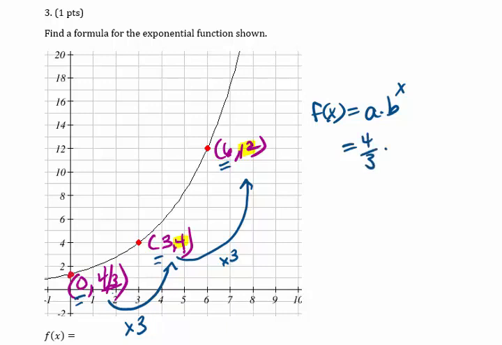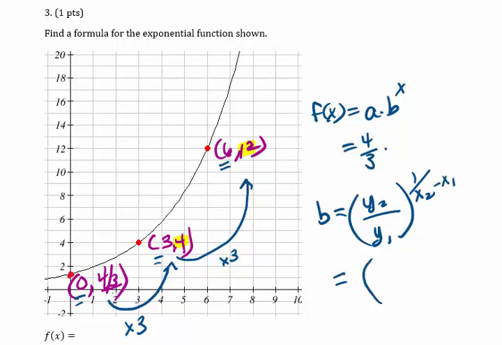Okay, we do need to figure out what b is, and so for this case, we're going to look at that difference between the y's, which was a factor of 3, but that happens over the course of 3 x's, and so really we're going to use this formula: y2 divided by y1, and then to the 1 over x2 minus x1.